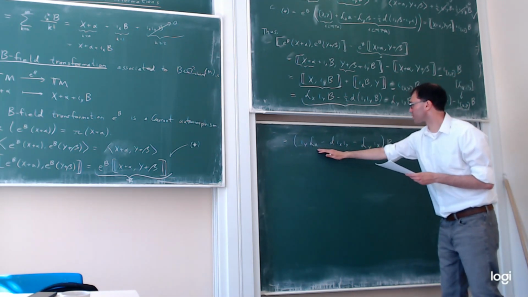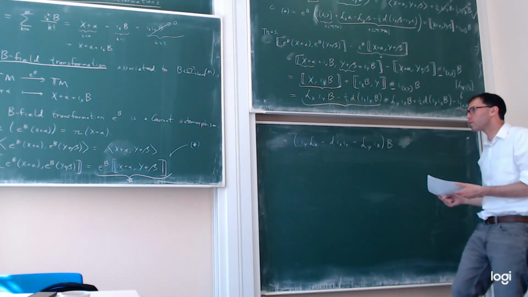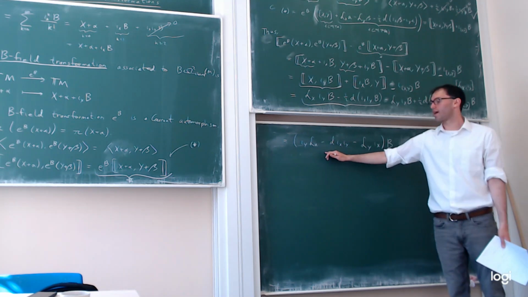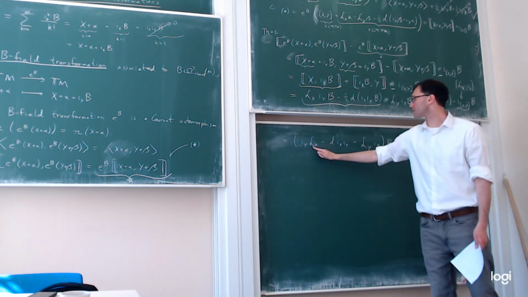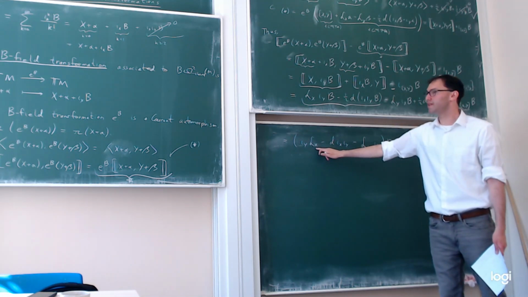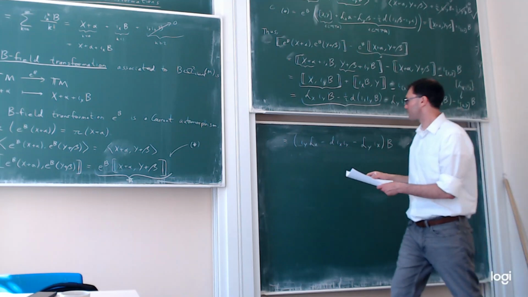Right, so now we have this expression here. It's somewhat simpler. It still doesn't look that great. So now what we're going to do is use Cartan's infinitesimal homotopy formula to replace both of the Lie derivatives with exterior derivatives and interior products.